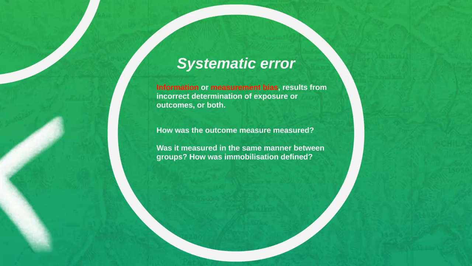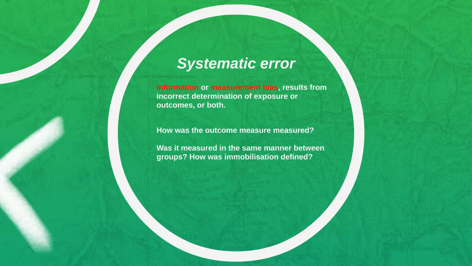Was it full spine immobilization? Or was it immobilization in the sense that we just needed to carry the patient from point A to point B, from the car wreck to the ambulance, and that was now immobilization because he was on a backboard? So how immobilization was defined is important, and the exposure, how is the exposure defined?